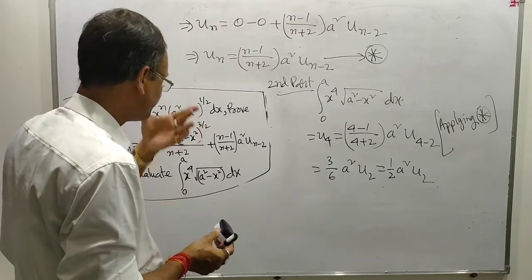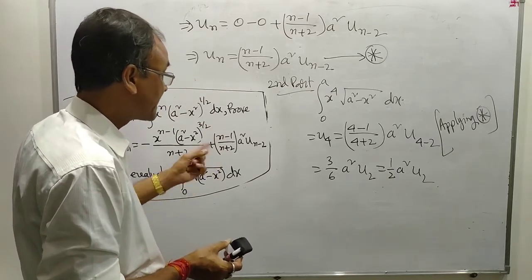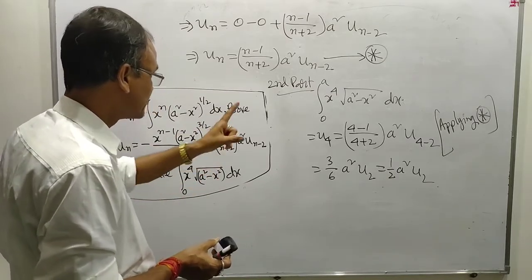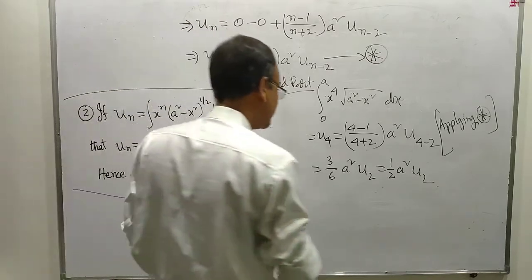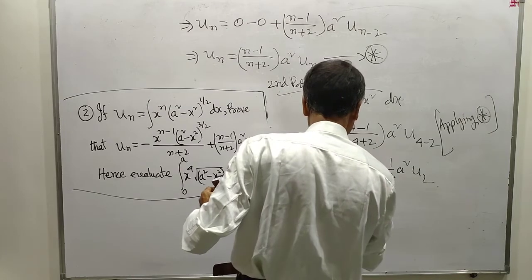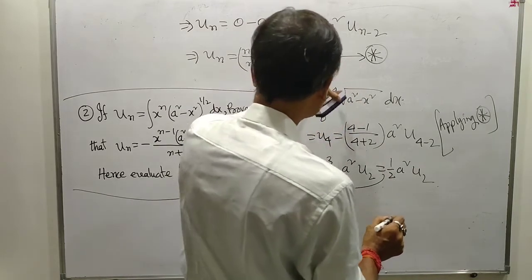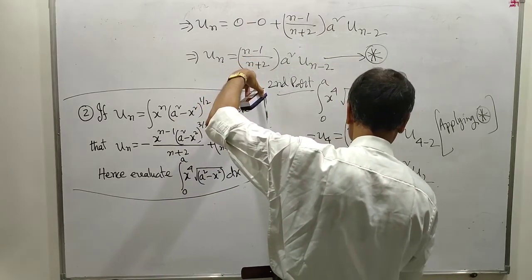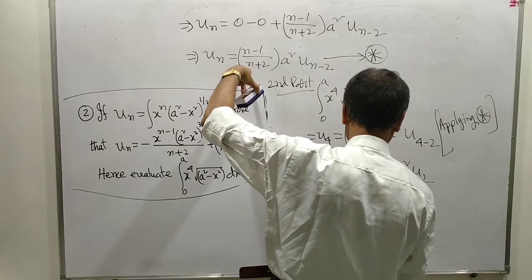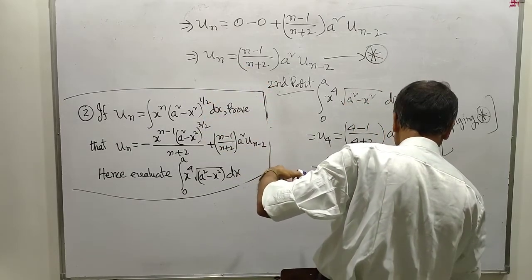Now, if I again apply the star, then you will get u0, and u0 means x to the power 0. This is equal to 1 by 2 a square. Again apply this star: 2 minus 1, because this time n equals 2, times a square times u2 minus 2.